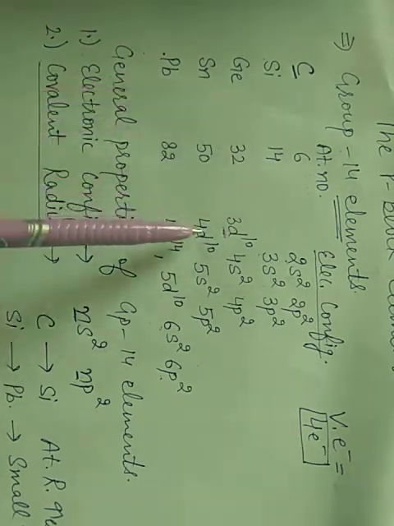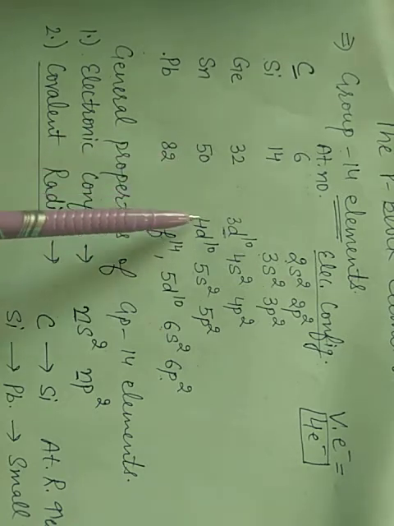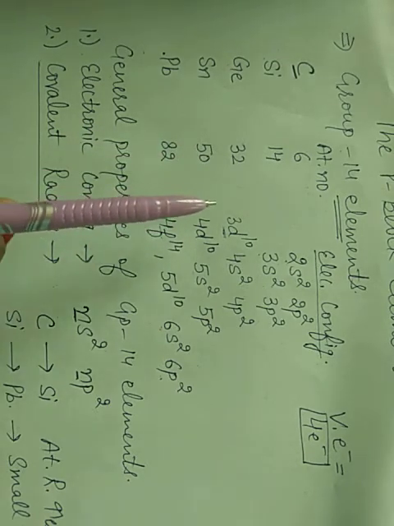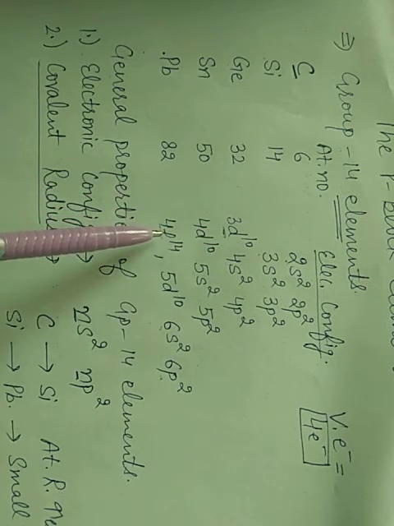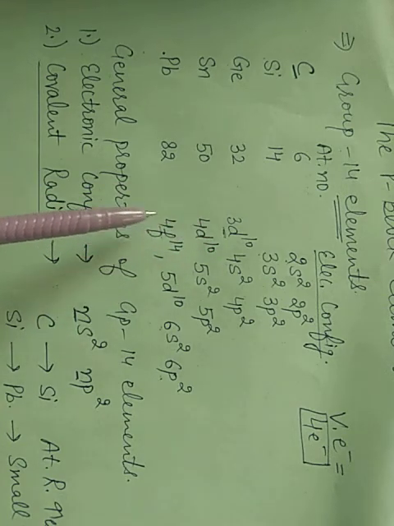So the effective nuclear charge increases and the nucleus holds the outermost shell more tightly, so the atomic radii decrease.